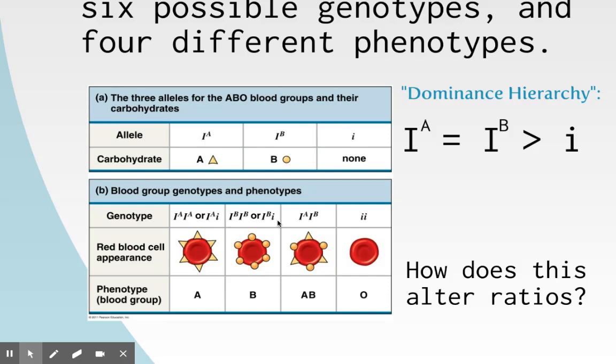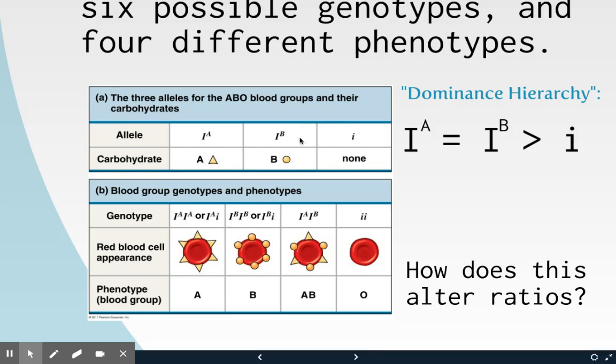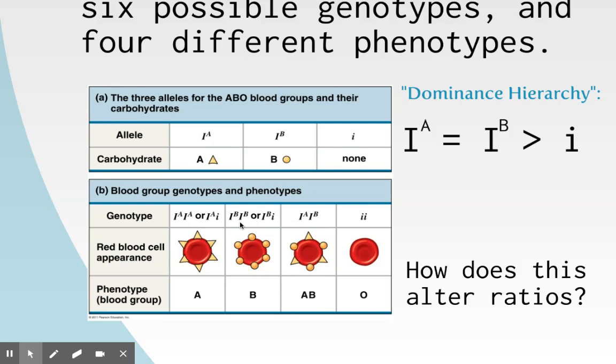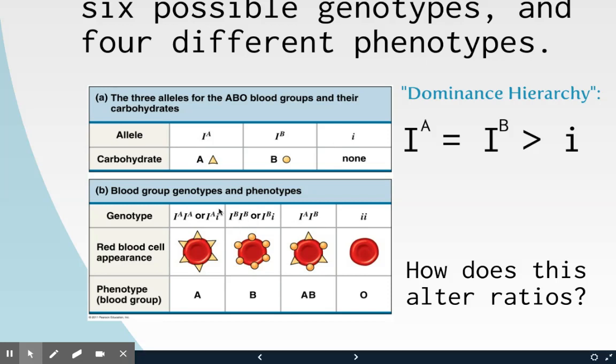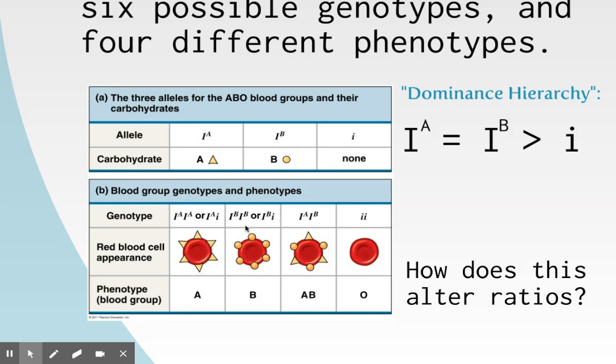So if a type O and a type B person have offspring, they can have offspring with type O blood or type B blood. More likely their offspring will be type B if they are homozygous. If they're homozygous dominant, it has to be B blood.